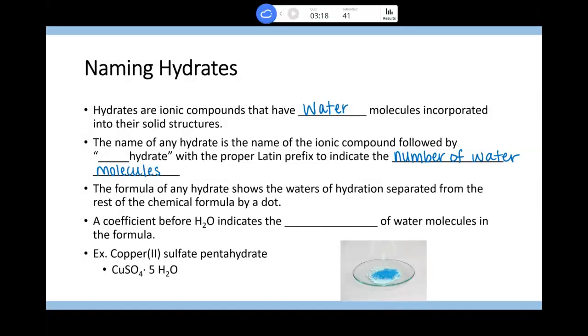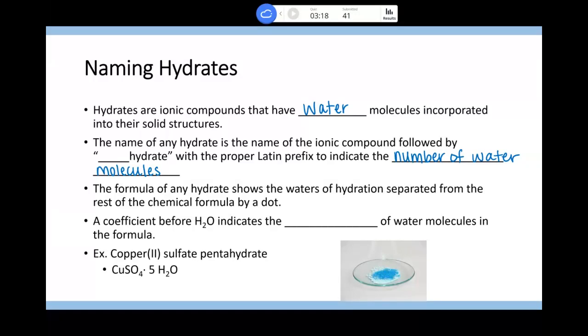They're the same prefixes that we use for the binary covalent compounds, so di for 2, tri for 3, tetra for 4. The formula for any hydrate shows the water separate from the ionic compound, and they're separated by a dot in between.